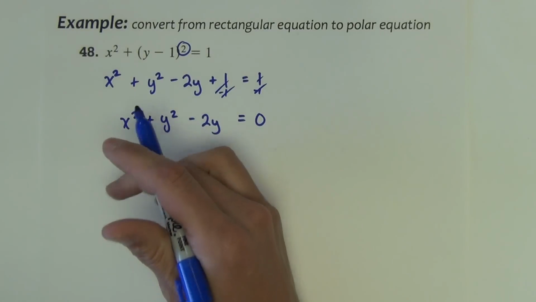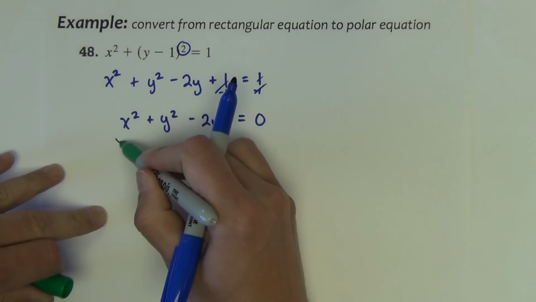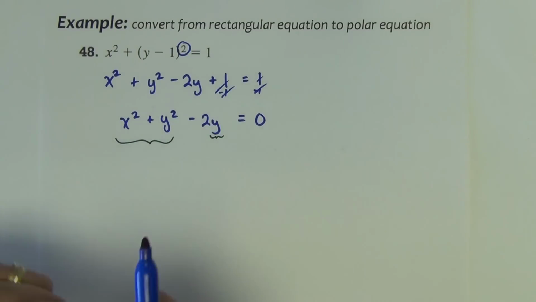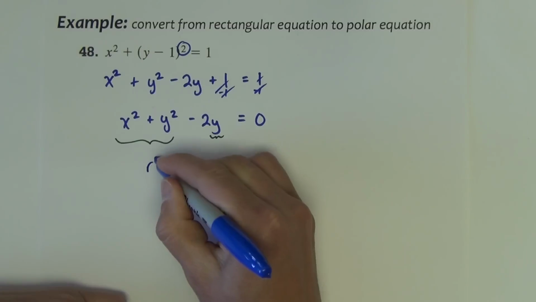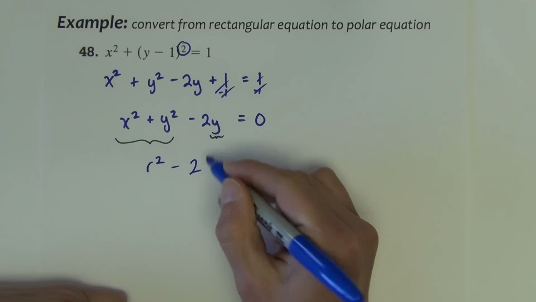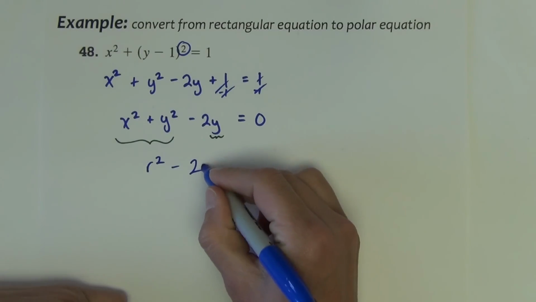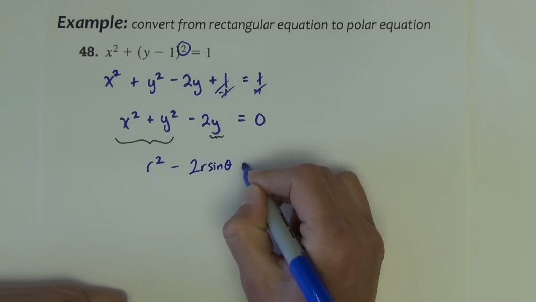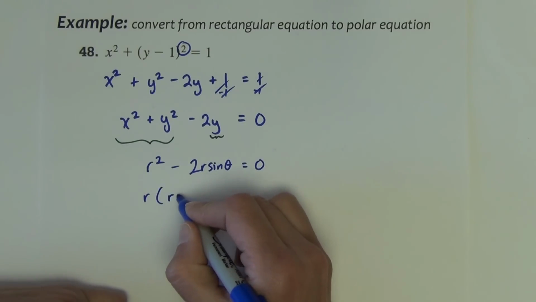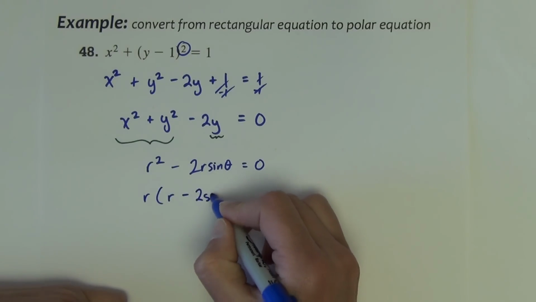Now we've got a couple of substitutions to make. x squared plus y squared is equal to r squared, minus 2, and then the y is equal to r sine theta. We can pull out a common factor r, leaving behind the quantity r minus 2 sine theta.